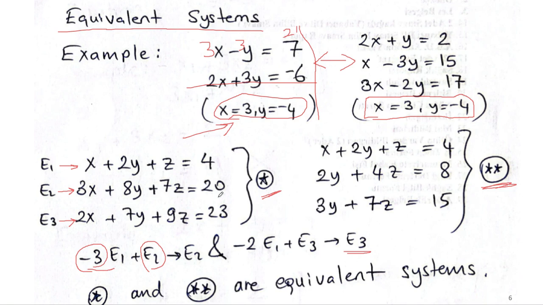So the solution of the system is not going to change. Actually, this is why later on we will talk about the Gaussian elimination method to solve the system of equations by doing this type of operations in our equations.